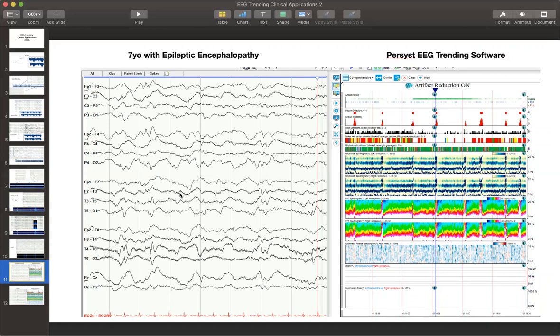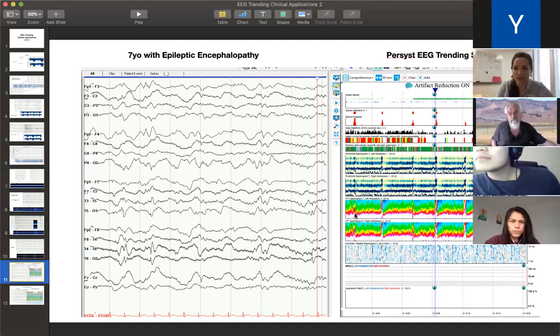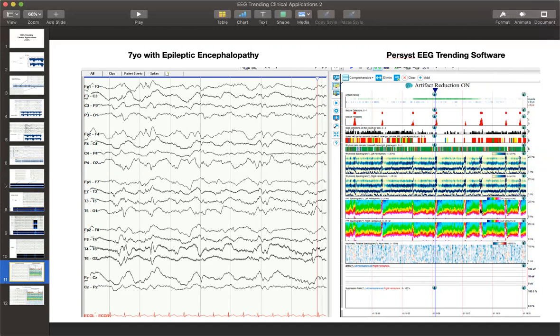So in this example, this is one of our patients who had an epileptic encephalopathy and had a really suppressed background and frequent seizures. And again, you can use the FFT, the fast Fourier transform spectrogram, or the CSA, and you can quickly pick out where the seizures are.